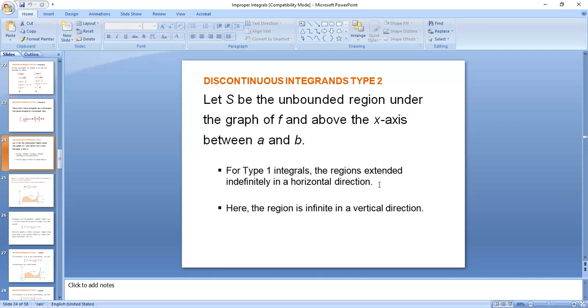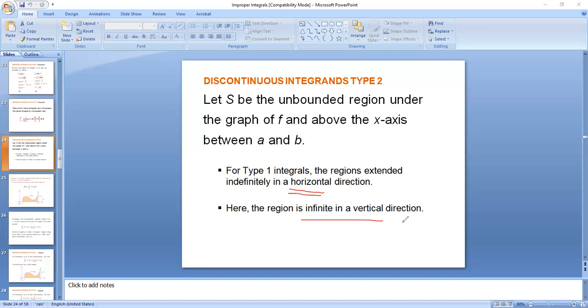As stated here, it's extended indefinitely in a specifically horizontal direction. The manner in which the area of the curve extends is horizontal, either to the left or right. Now here the region is infinite in the vertical direction.